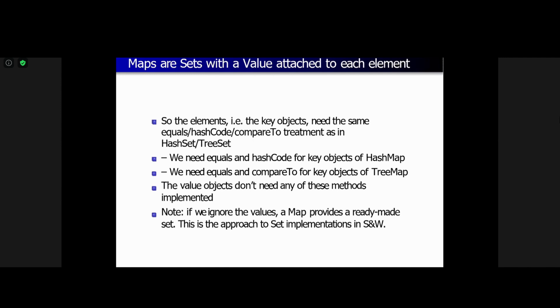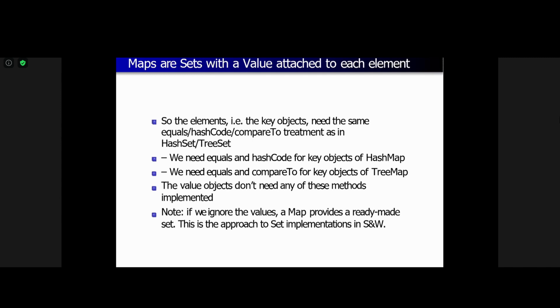So you have the same kind of equals, hash code, compareTo need for the elements. You just have to look at the key elements to see what you need. The range elements don't need any of these special functions. They're not involved in the lookup.